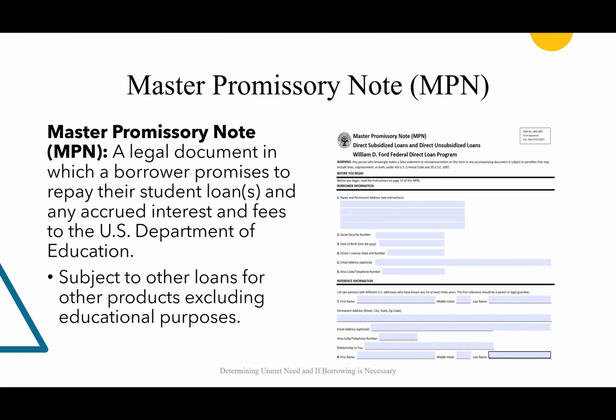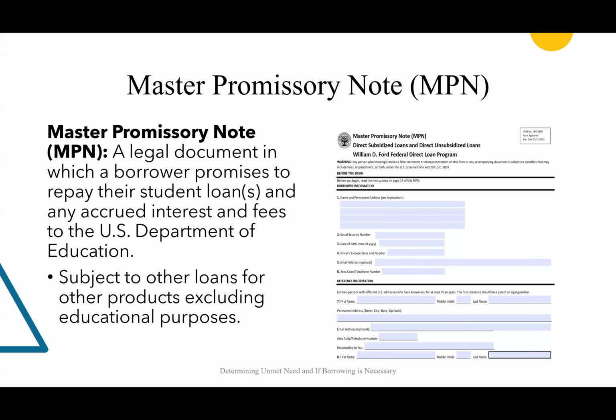Okay, with that comes a master promissory note. The master promissory note is a legal document in which borrowers promise to repay their student loan and any accrued interest and fees to the U.S. Department of Education. Again, this is required for the disbursement of loans.